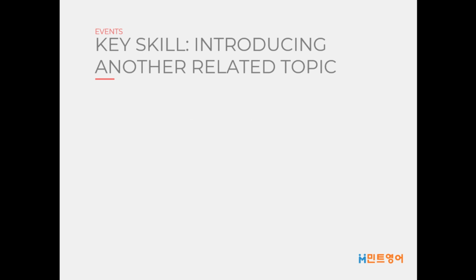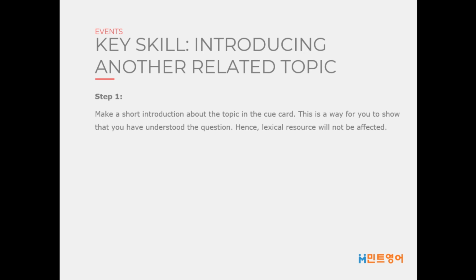In IELTS Book 1, it was discussed that introducing another related topic helps you stick with the main topic. This technique is Solution 1. Let's review the steps for doing this. First, make a short introduction about the topic in the cue card.